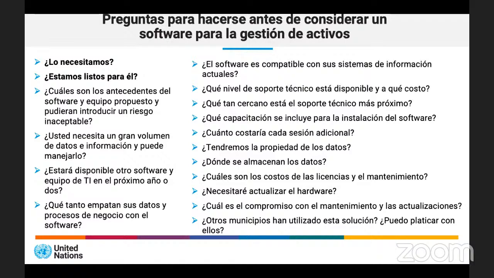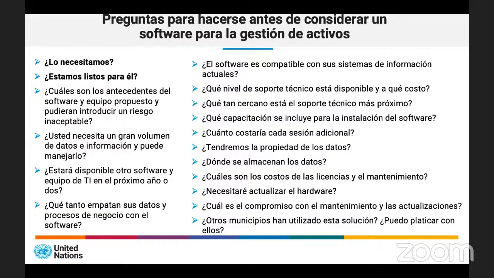Will other software and IT equipment become available in the next year or two? We have to search the market and see, because these IT solutions are very expensive and not really custom made for your organization. That's why you have to do market research and find out which is best for you. I wouldn't recommend custom-made software.